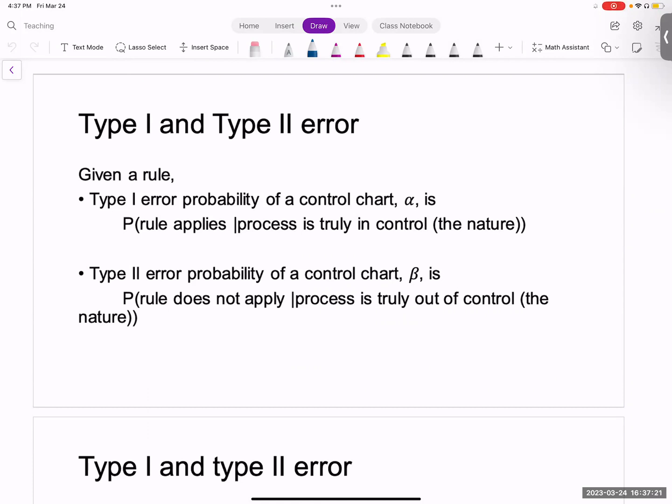But before I go there, many times we're also interested in more than one rule. It might also happen that you have more than one rule, and you can use one or more of these rules in combination with each other to compute the overall type 1 error probability.